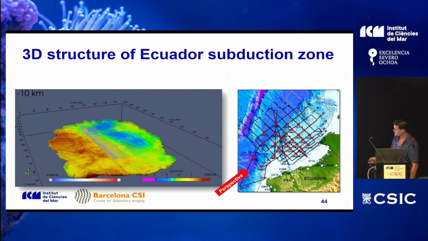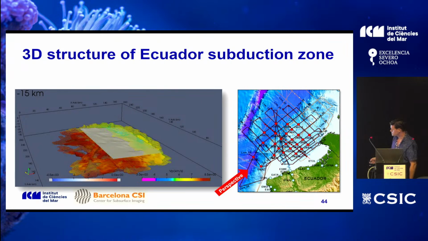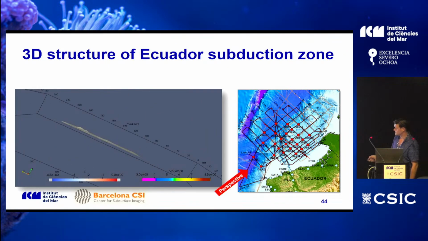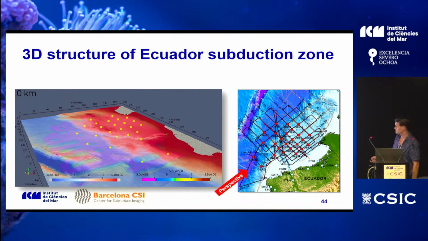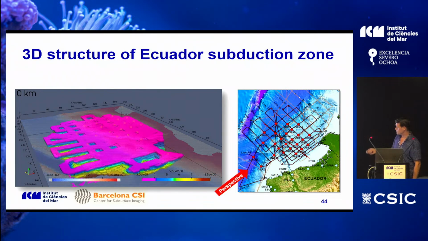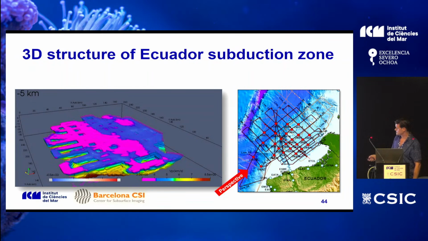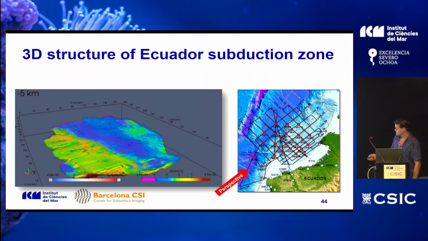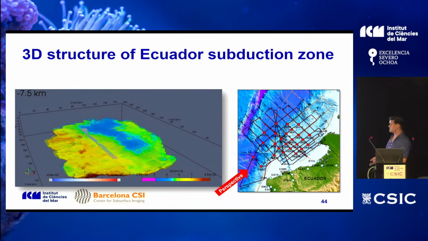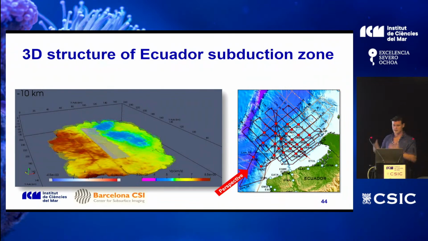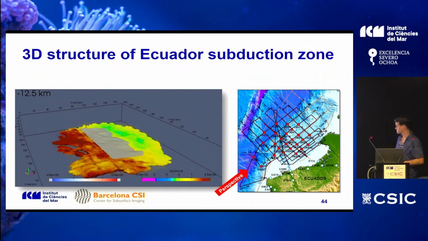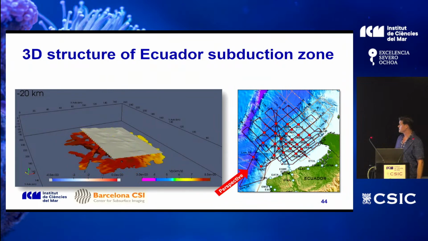The upper plate is here, and you can see not only down-dip variations, but also along-strike variations. This is the geometry of the megathrust, the interplate, in this case. I will just run it again so you can see these variations, which are related in this case with the presence of large crustal structures, again related to tectonics.